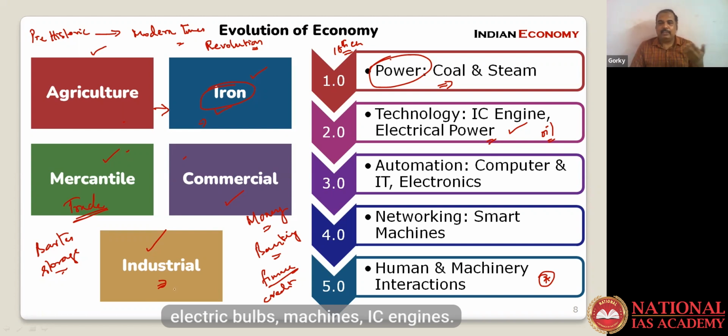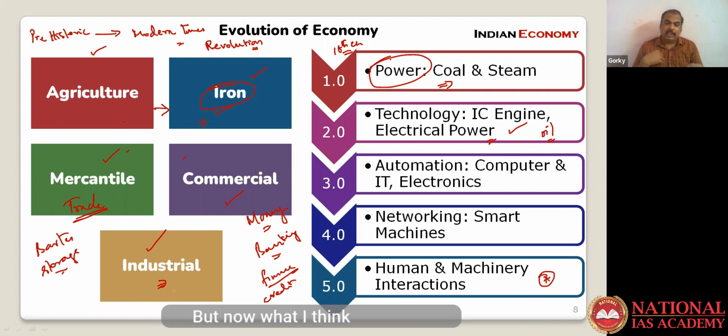Machines, IC engines. When engines started running, power looms came in, where they tried to use mechanized power looms. So production increased, productivity increased. Human power was saved, and more production happened.